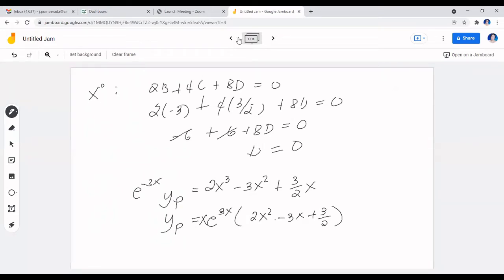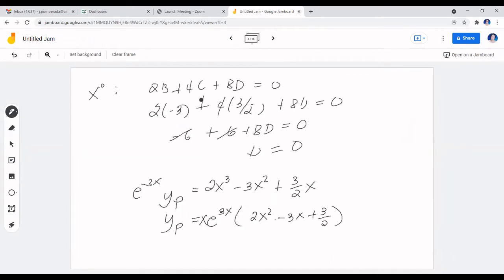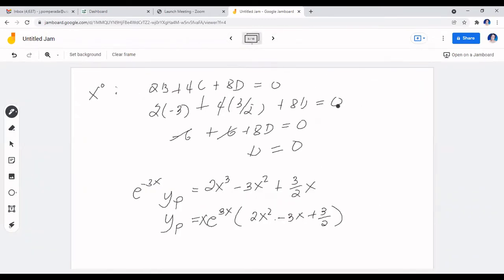So we're referring to the constant. So you have 2b, 4c, and 8d. No constant here, so we have it equated to 0. If we substitute the values of b and c, d comes out to be 0.